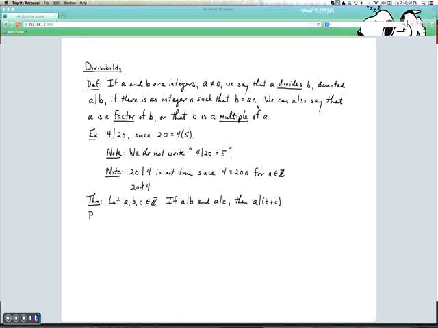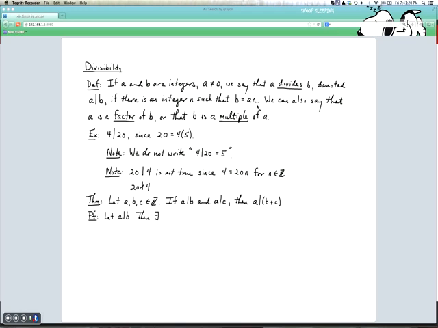So, and this is pretty straightforward. With if-then statements, we always assume the if and then show that the then part has to follow after it, right? So let A divide B. Then that means there's some integer out there that I can multiply times A to get B, right?